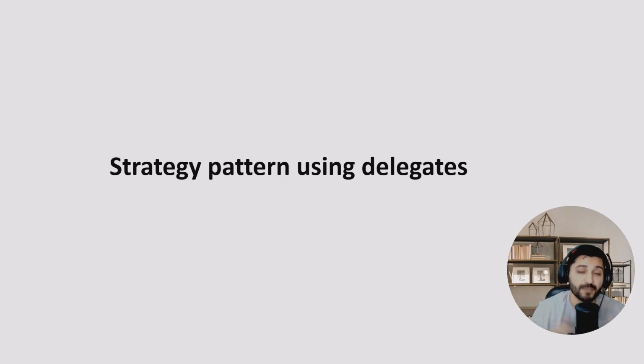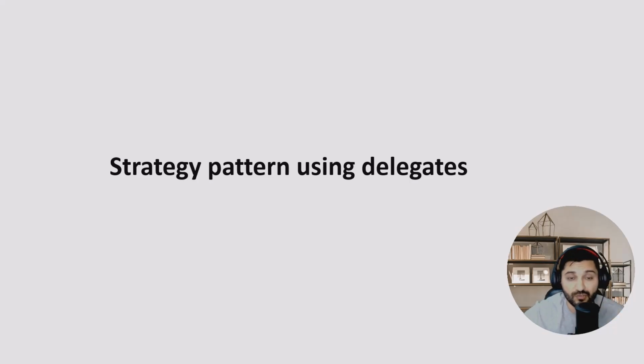Okay, it is possible for us to implement strategy design pattern with different techniques, especially with interfaces and delegates. Right now, I will show you implementing strategy design pattern using delegates. Of course, it is not possible for us to cover all the cases related to strategy pattern in just 5 minutes. I will just directly dive into details of strategy implementation in C# using delegates.